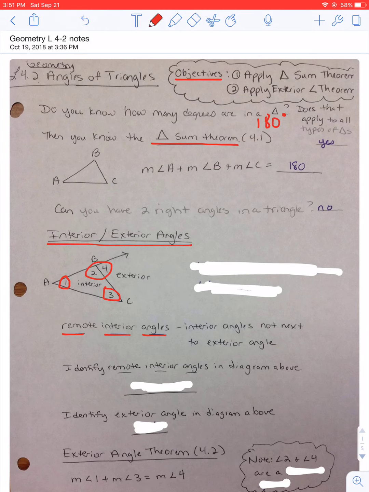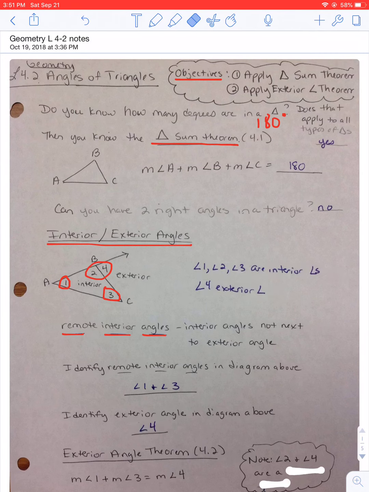So I kind of think of it that way. The remote interior angles are the ones that don't want to be near the exterior. They want to be furthest away possible. So that's why in this case, 1 and 3 are your remote interior angles, and then angle 4 is the only one that's your exterior angle.